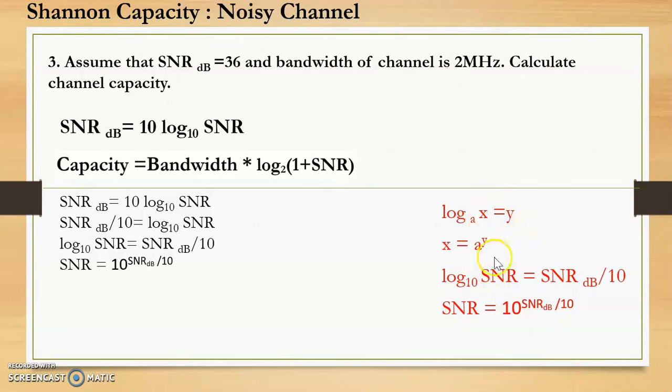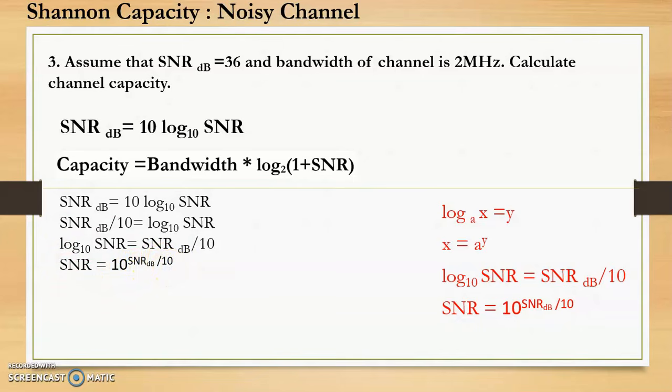So if we consider x to be SNR, y to be SNR dB divided by 10 and a to be 10, then we will get SNR, or the signal to noise ratio, as 10 raised to SNR in decibels divided by 10.